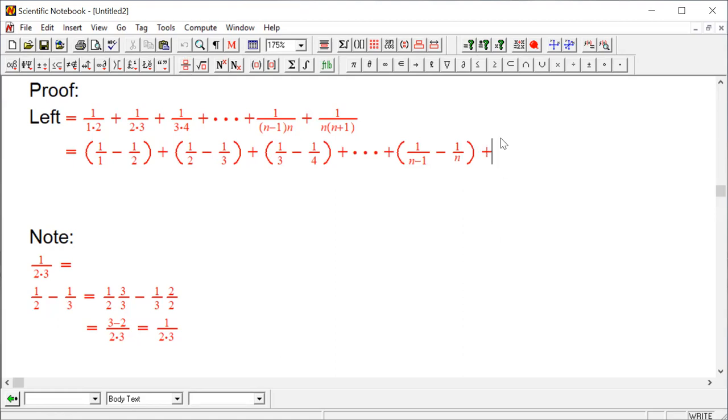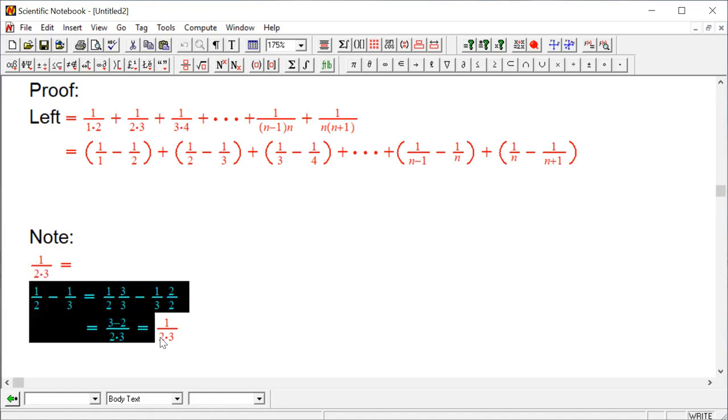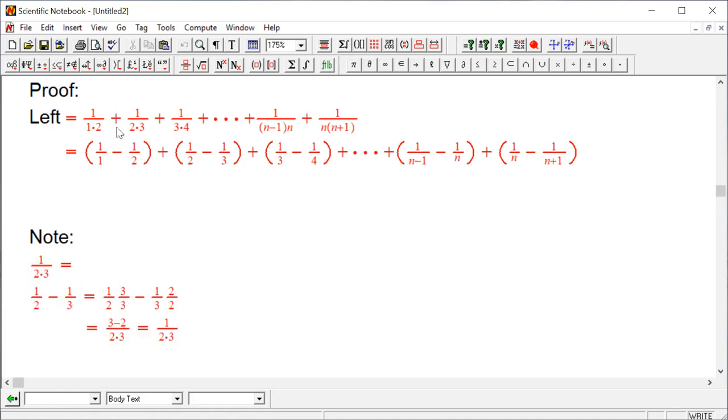Okay, so I'm going to verify that for you. And this last term is 1/n minus 1/(n plus 1). Okay, so I'm going to verify this for you. So this has been verified, right? So the second one is this piece.